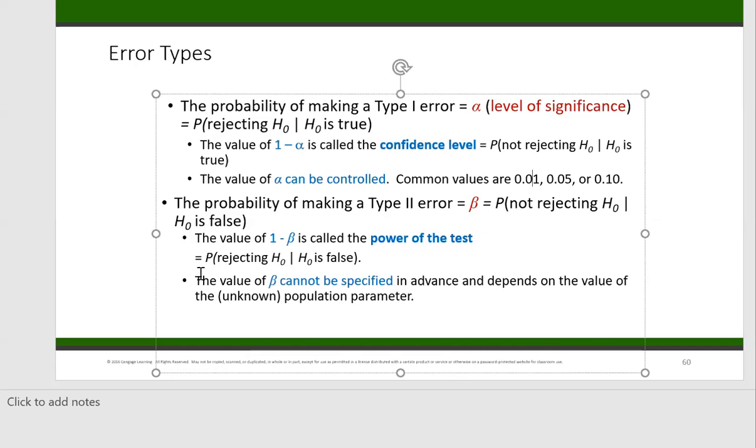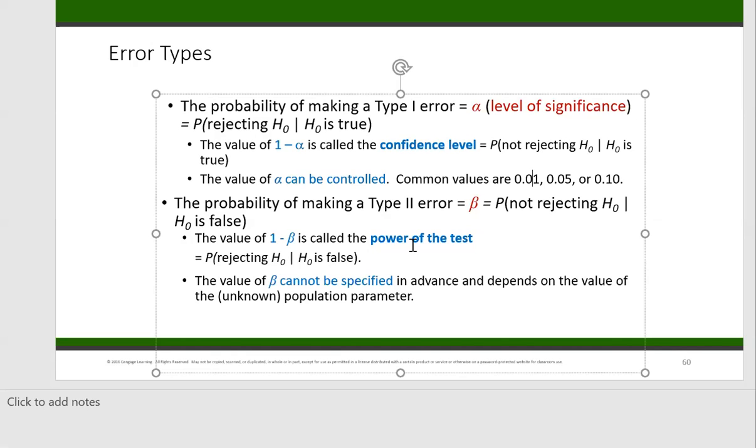It is the probability of rejecting the null hypothesis if the null hypothesis is actually false. This is when your test is performing correctly. This is the chance of telling a person that they're pregnant if they're actually pregnant. That would be the power of the test.